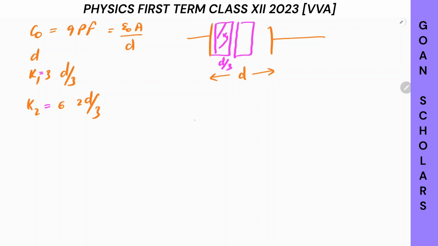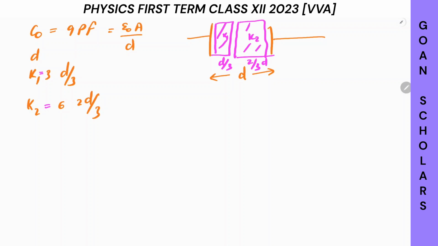If you add both, D by 3 plus 2D by 3 gives 3D by 3, which is D. So the remaining space is filled with K2. I hope this is clear, because if the first part is 1/3, the other part is 2/3, right? And they are placed like this in between.